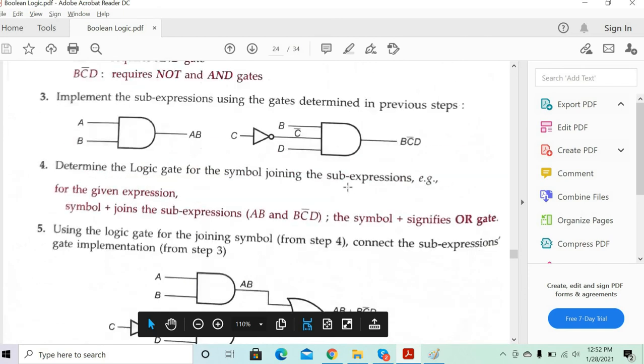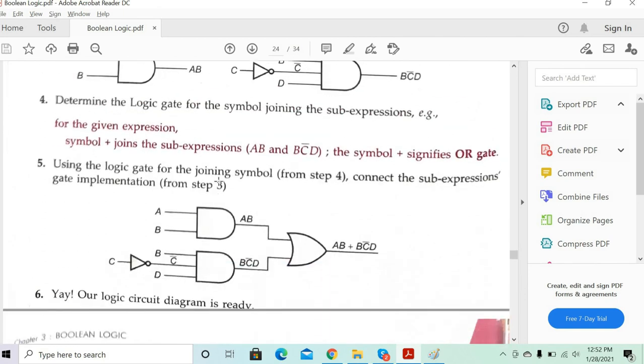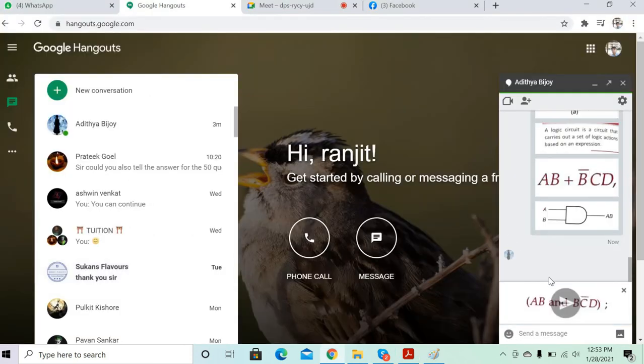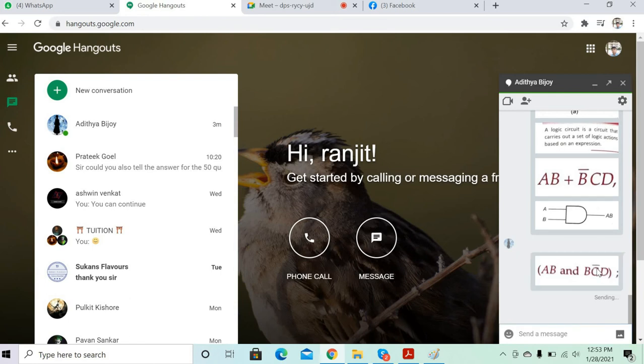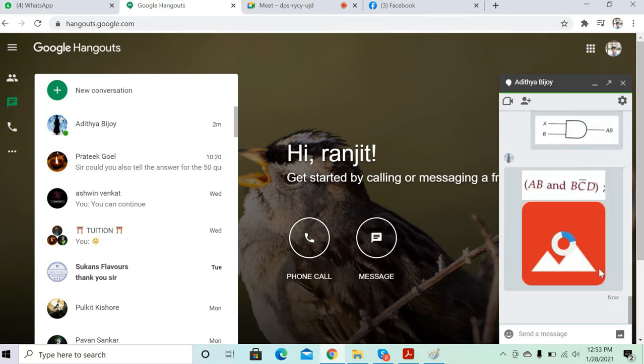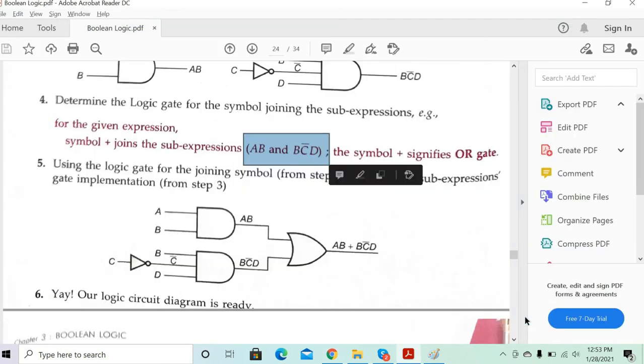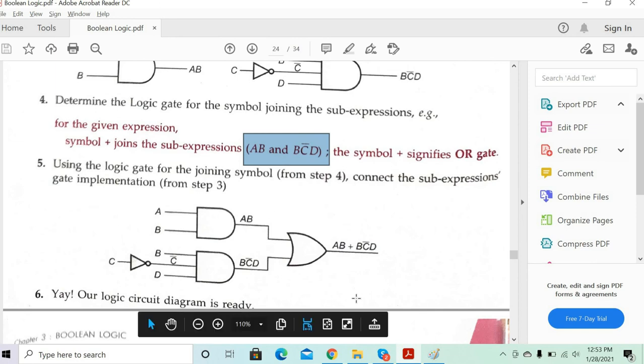Now we want to put the expression graphically, how do we represent this circuit diagram? Let's try to write the logic circuit for AB plus B bar C D. So first we draw the AB.